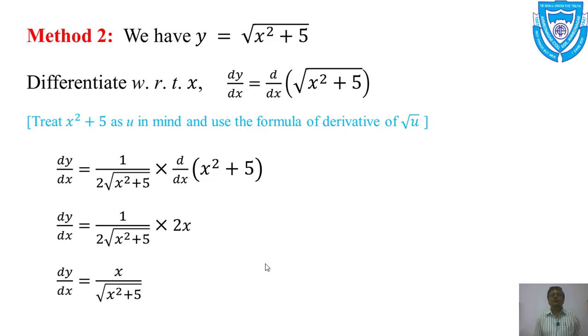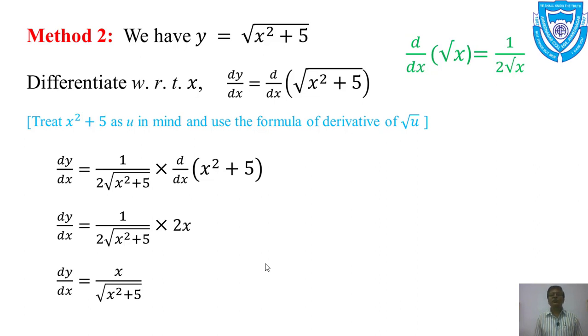Now method 2. y is equal to root of x square plus 5. Differentiate with respect to x. Here we should know the derivative of root x is 1 upon 2 root x. What we do is treat x square plus 5 as u in mind. We do not write the letter u. We treat x square plus 5 as u in mind and use the formula for the derivative of root u.